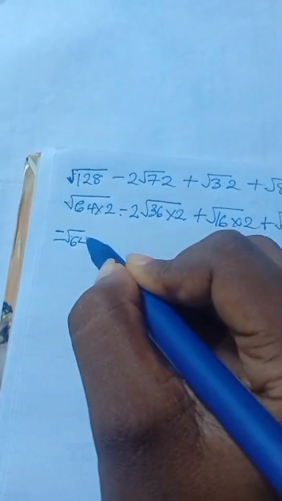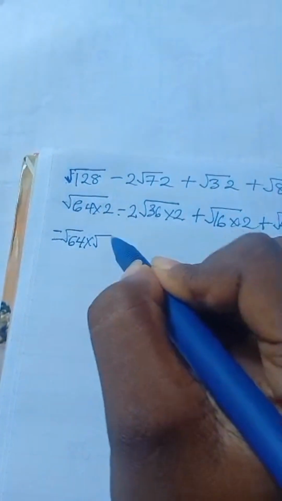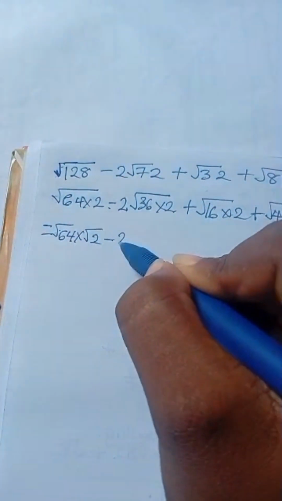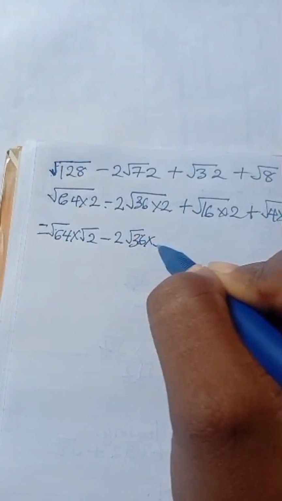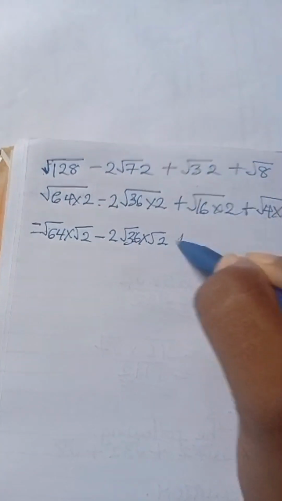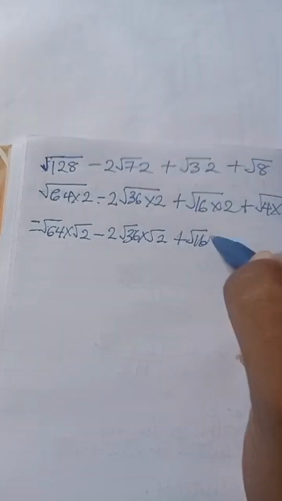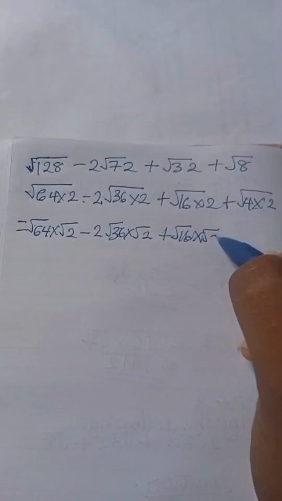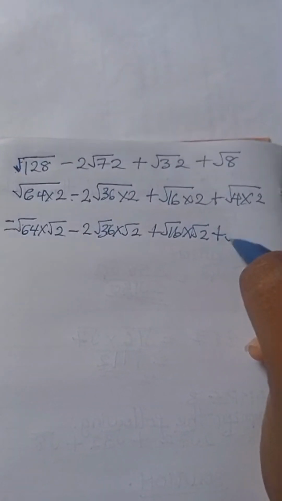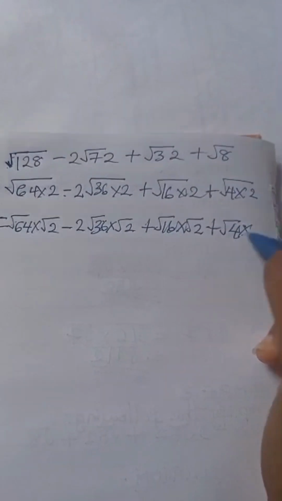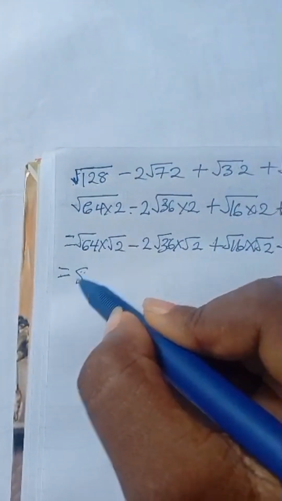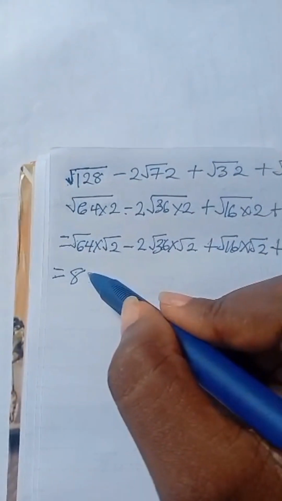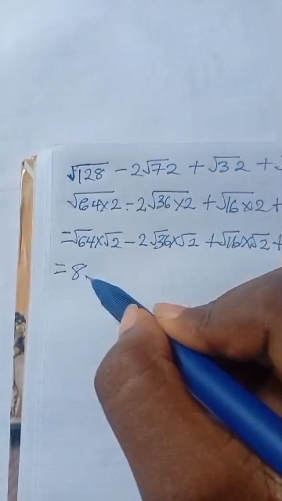You separate the root numbers: root 64 by root 2 minus 2 root 36 by root 2 plus root 16 by root 2 plus root 4 by root 2. Okay, we're getting somewhere. Because root 64 is what? 8. 8 times 8 will give you 64. So multiply by root 2. Just write the answer straight.